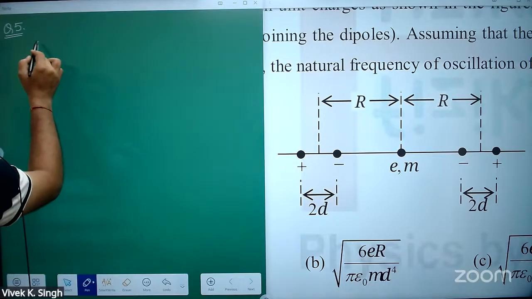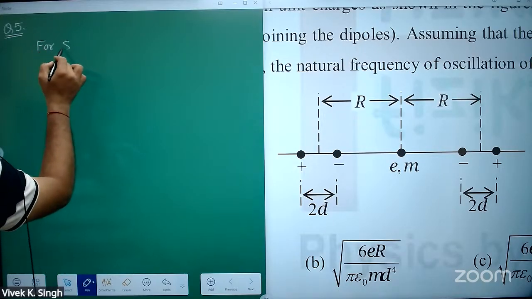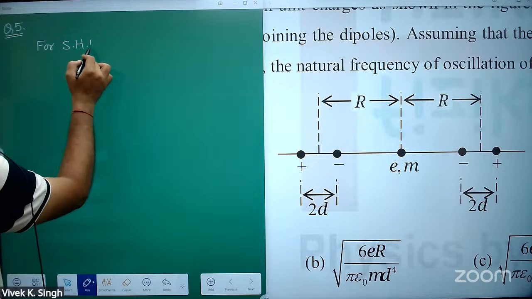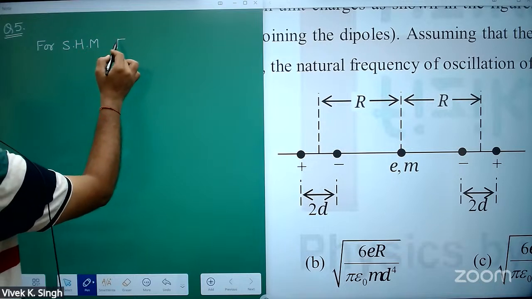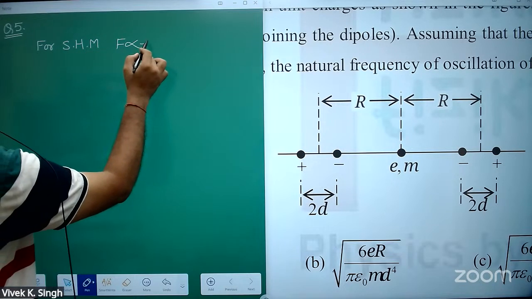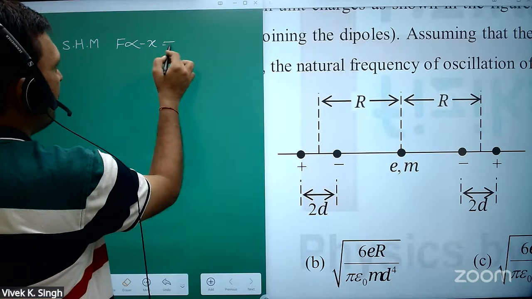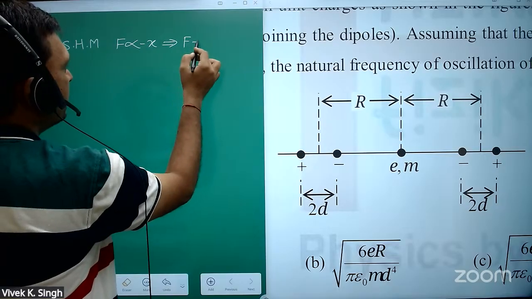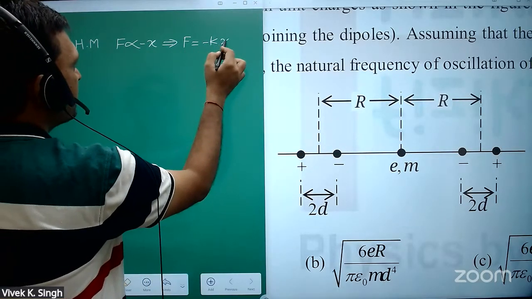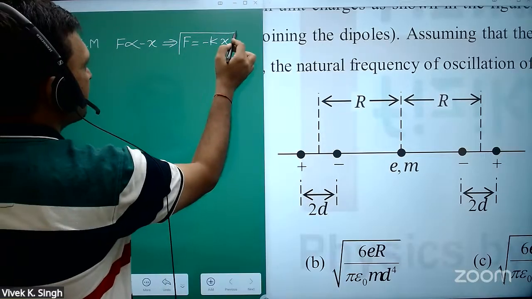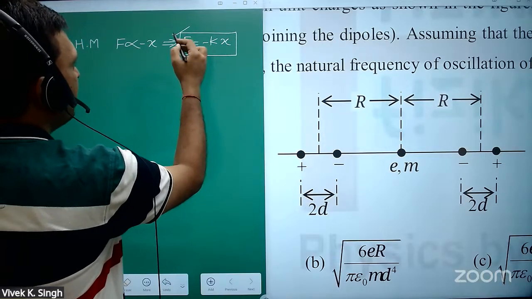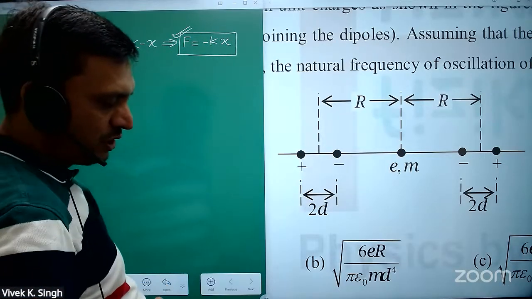For simple harmonic motion on any particle, the force is proportional to minus x, opposite to the displacement, or the force can be expressed as minus kx, where x is the very small displacement from its equilibrium position.